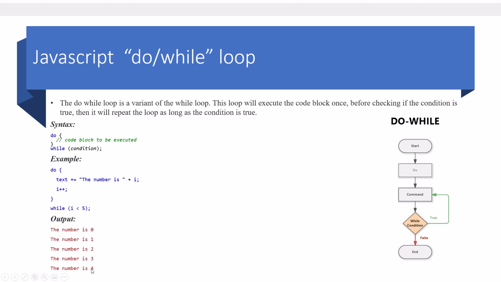So this will be the output: the number is 0, the number is 1, the number is 2, the number is 3 and 4. So when the number is 5, it will come out of the loop. So this is one of the examples for do while loop, and this is the flowchart for the same.